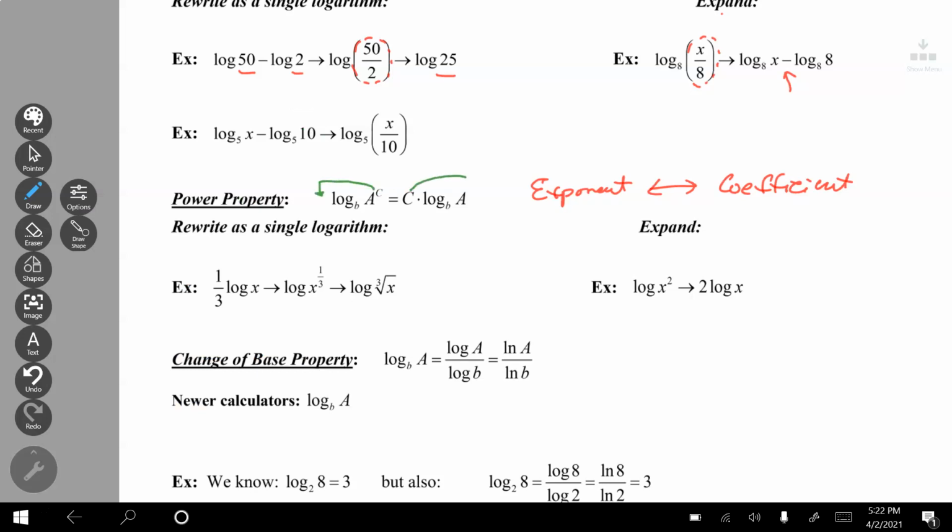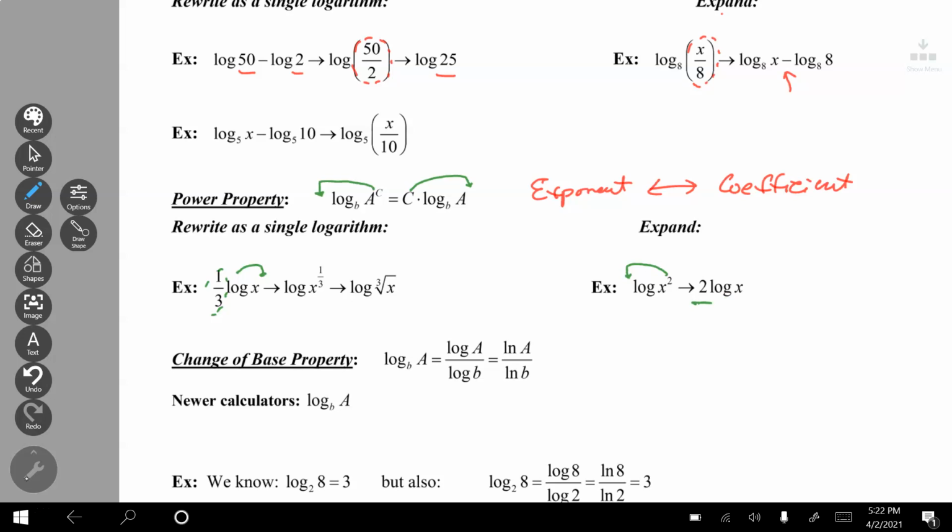This coefficient in front can become the exponent. So this 1/3 can go here and become x to the 1/3, or the cube root of x. And the same thing here, this log of x squared, this 2 can go in front and becomes 2 log of x. This is going to be big ideas.